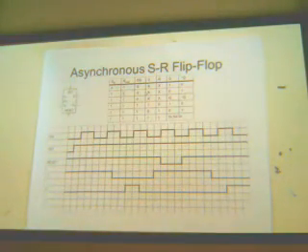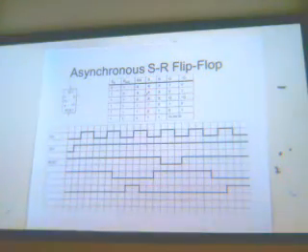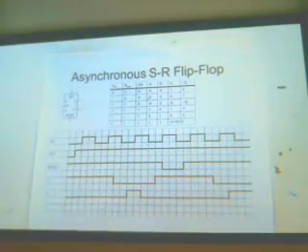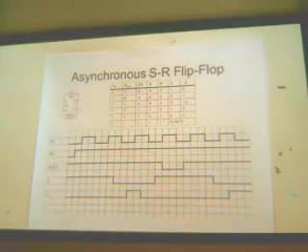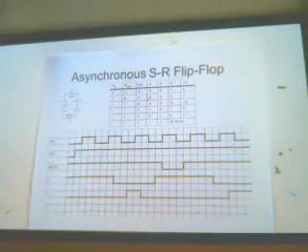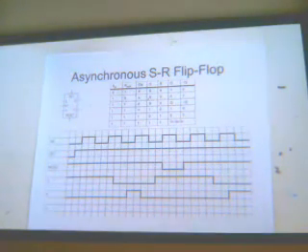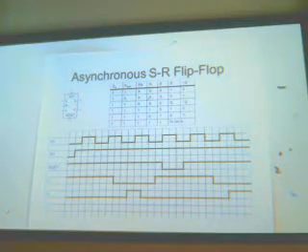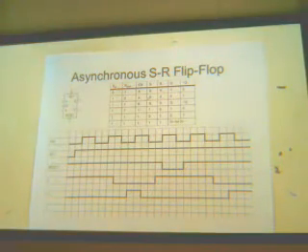Okay. All this is in the practice sheet. So there's this thing called asynchronous flip-flops, and you have SR and JK asynchronous. And basically these asynchronous chips have overrides. So take a look. You still have S and R, right?